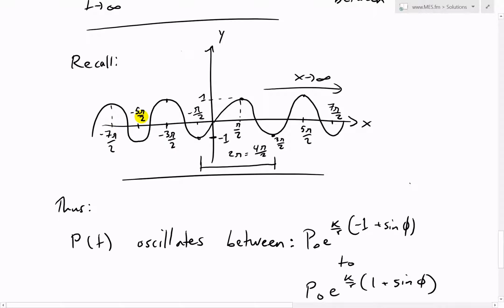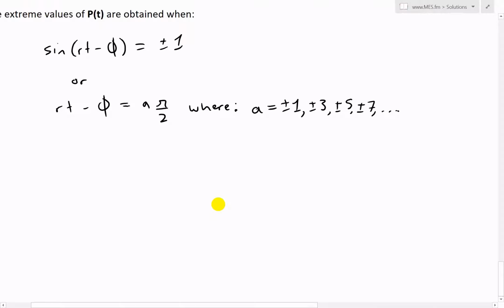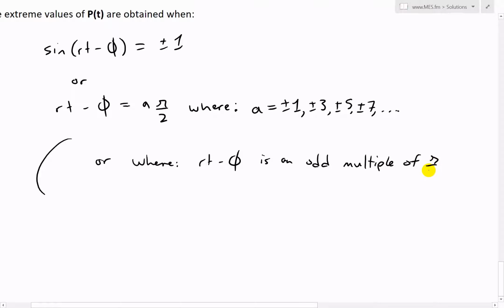So right here, negative 5, negative 7, negative 3, negative 1, these are the extreme values, the top and bottom, or in other words, where rt minus phi is an odd multiple of pi over 2. Let's put that in brackets like that.